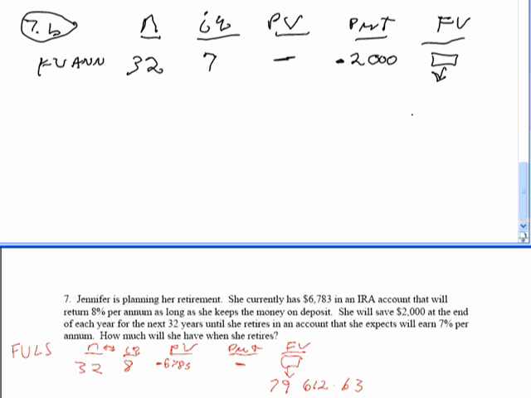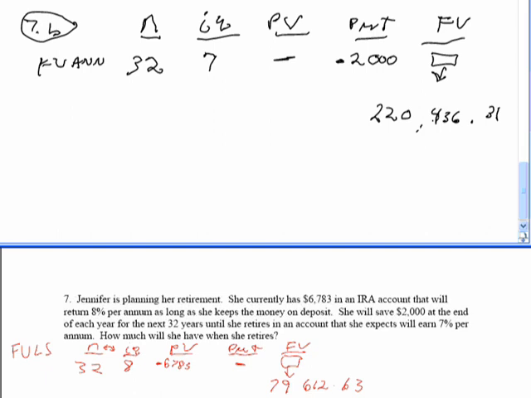That is positive $220,436.31. So at the end of 32 years, depositing $2,000 per year at a 7% return, Jennifer will have $220,436.31.